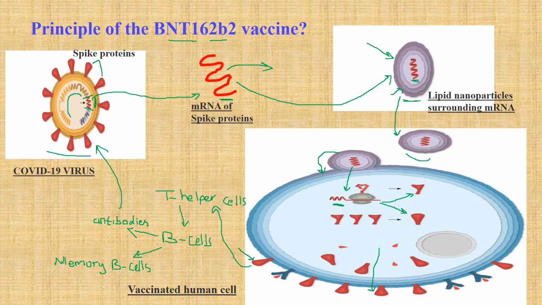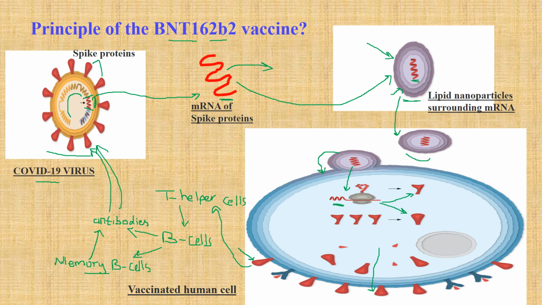Now, when we are actually infected with the COVID-19 virus, what happens? These memory B cells will immediately produce antibodies against COVID-19 because they will recognize these spike proteins. And when they produce these antibodies, they will immediately attack the COVID-19 virus.